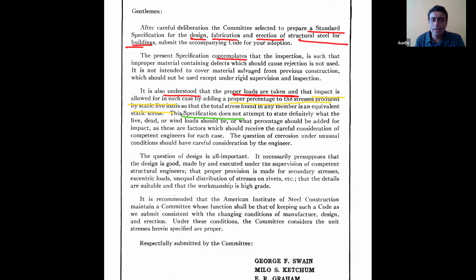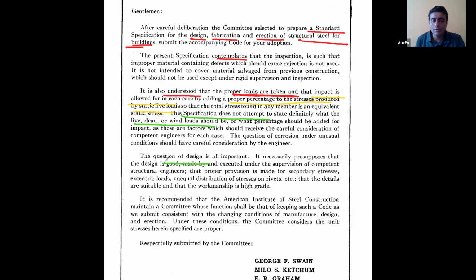The specification does not attempt to state what the live load, dead loads, or wind load should be. So it's not going to talk about the load calculations because it is assuming that the structural engineer is able to carefully calculate.